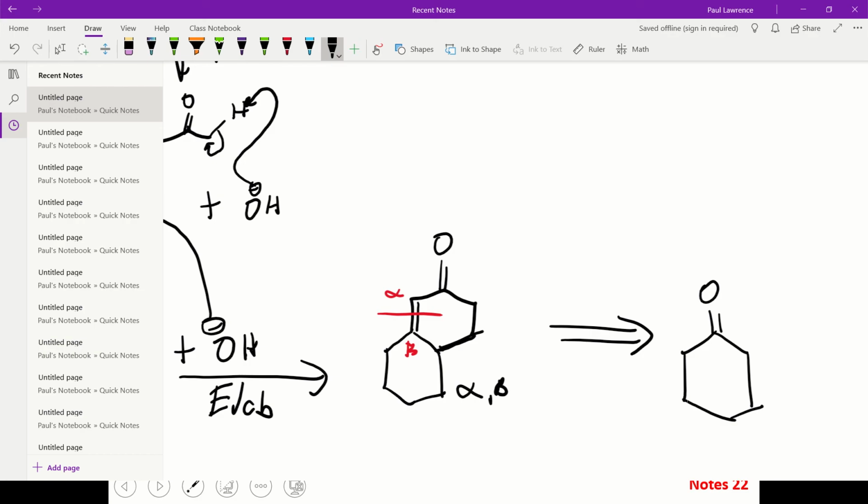But we broke this bond at the alpha, beta, so we still have this. Let me draw it a little bit more exaggerated here. Okay, so let's number this here. If I numbered that carbon 1, 2, 3, 4, 5, you see it, 1, 2, 3, 4, 5. Okay, you see that there?